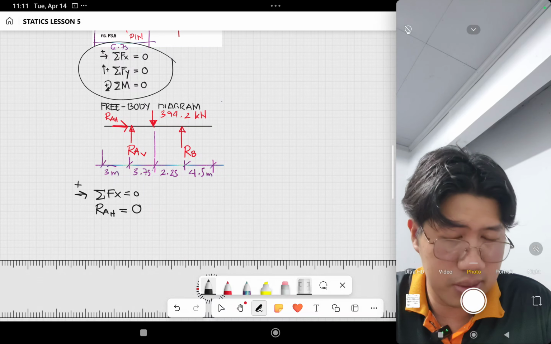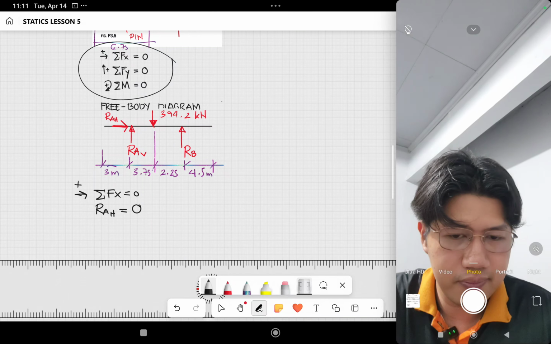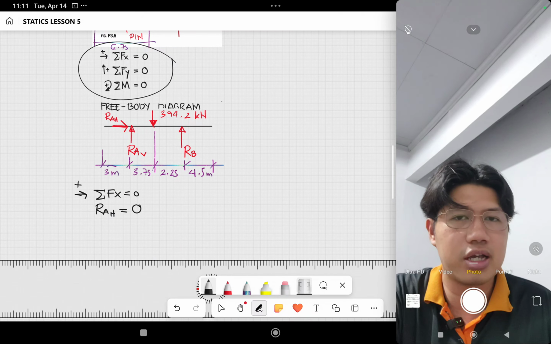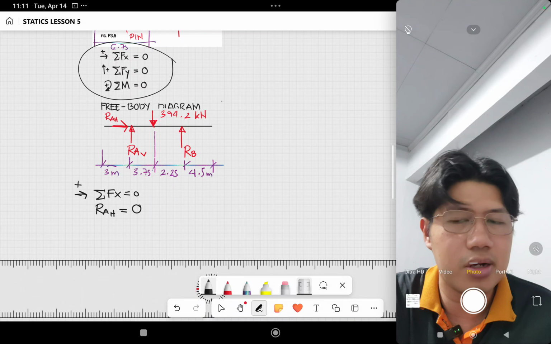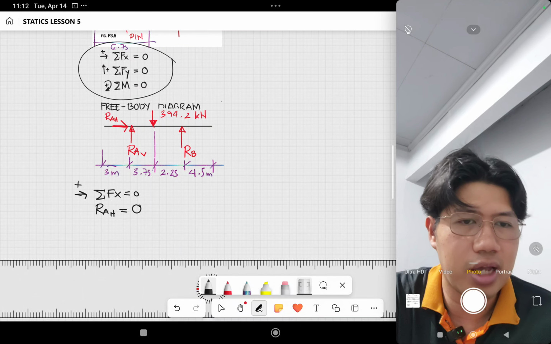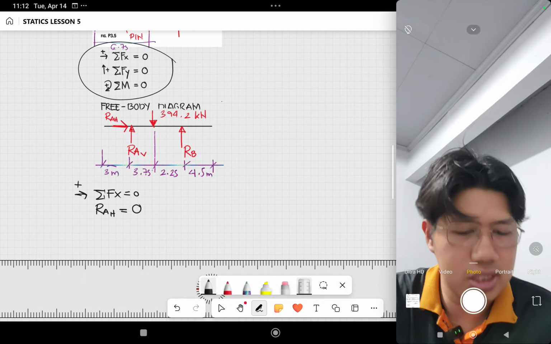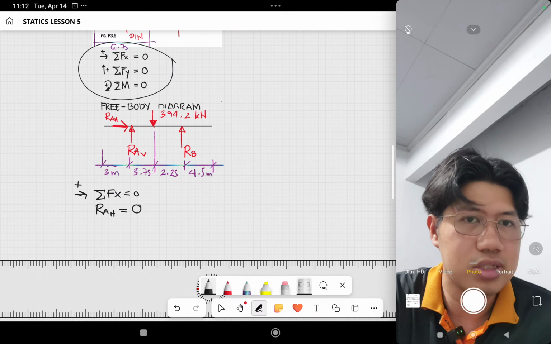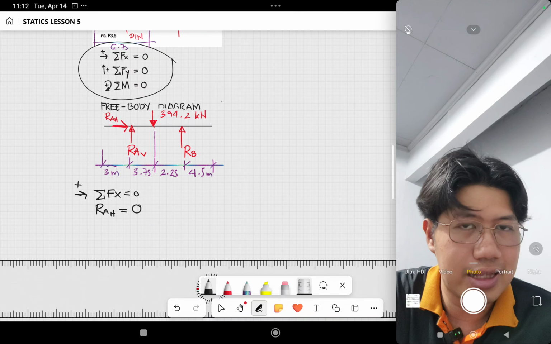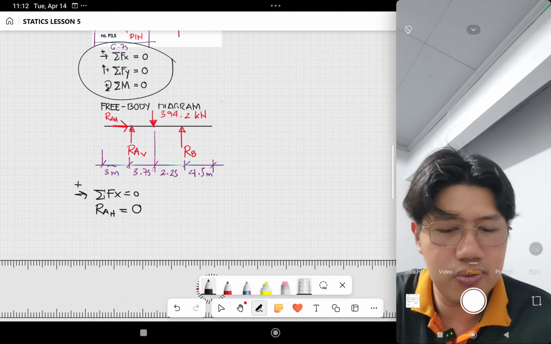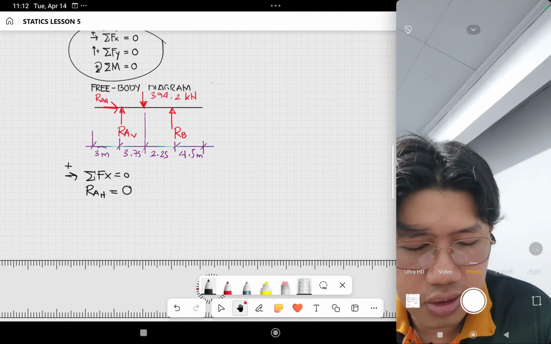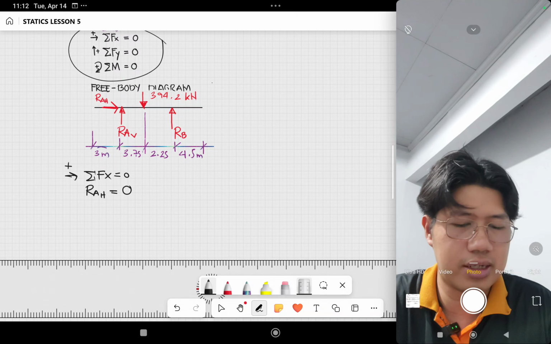So, therefore, siyempre, kaya nga siya tinawag na reaction is magkakaroon ka na ng reaction force kapag may forces kang in-apply on that direction. So, in this case, walang horizontal force na applied in the rigid body or in the structure. Therefore, walang magiging horizontal reaction there.